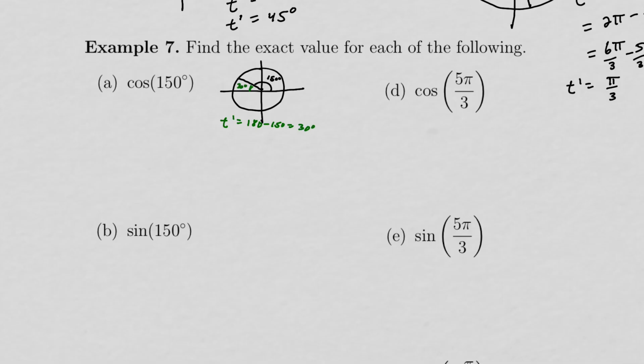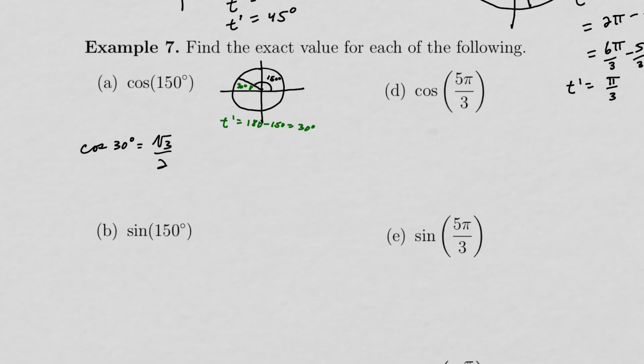What I'm saying is the cosine of 150 is the same as the cosine of 30 degrees, except I'm going to have to check to see what the correct sign, positive or negative, is. Cosine of 30 is one of our special angles. You should know it. If not, go back to that table. It's equal to radical 3 over 2.